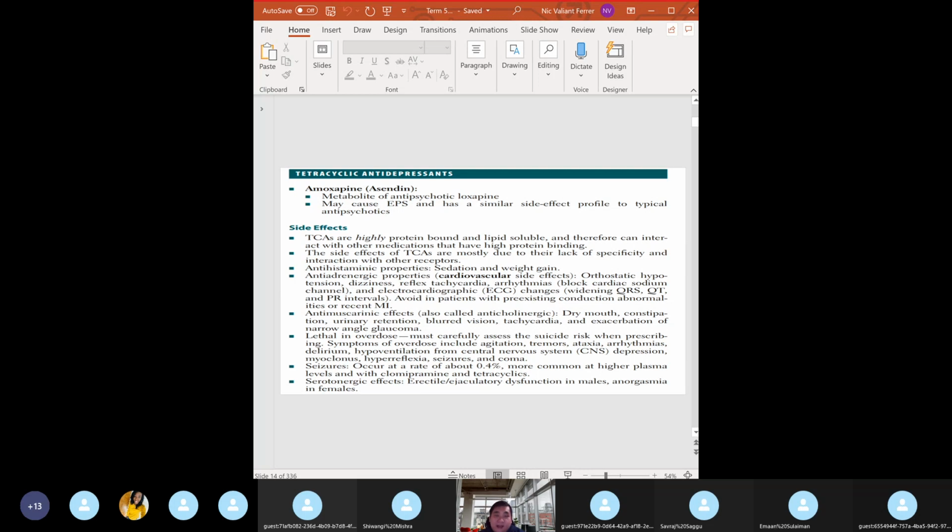Don't forget, guys, a 1-week supply of your TCA, as little as 1 to 2 grams, can be lethal in overdose. TCAs are highly protein bound. They are lipid soluble. Therefore, they can interact with other medications. They have antihistaminic properties, antiadrenergic, and antimuscarinic.